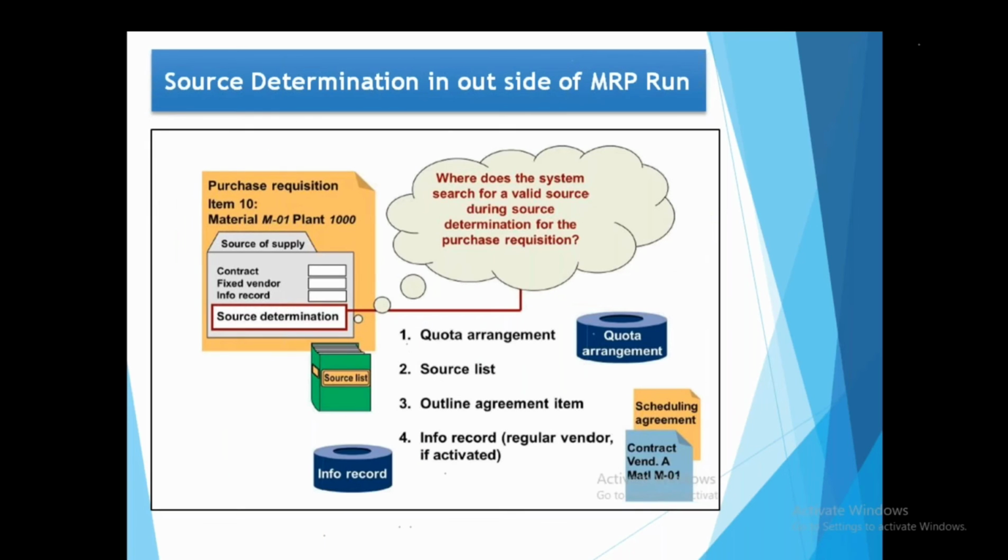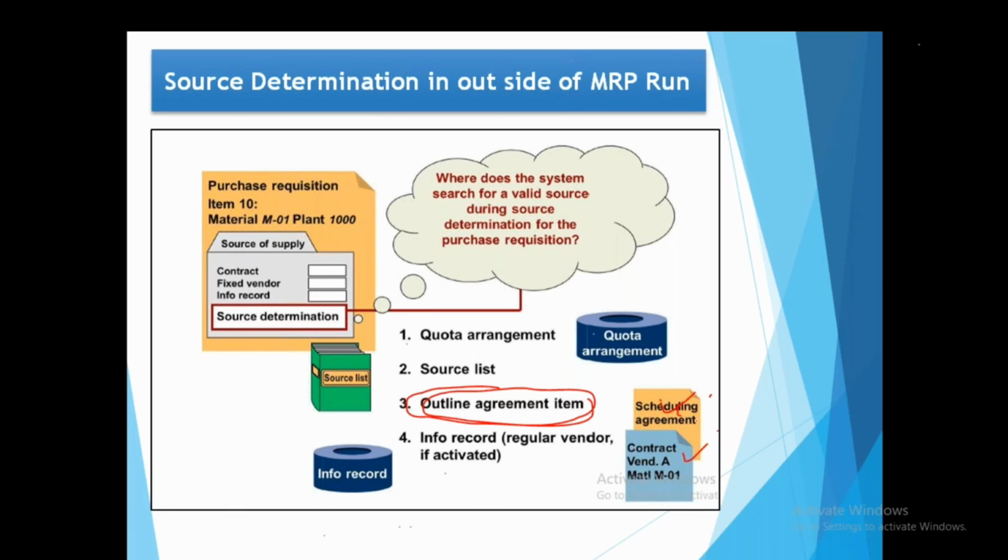Now the next one is source determination outside of MRP run. When you trigger source determination manually, like we did in the purchase requisition, first the system will search for a quota arrangement. If it is there, it will use it. If not, the system will search for the source list. If the source list is not there, then the system will search for any outline agreements like contract or scheduling agreement.